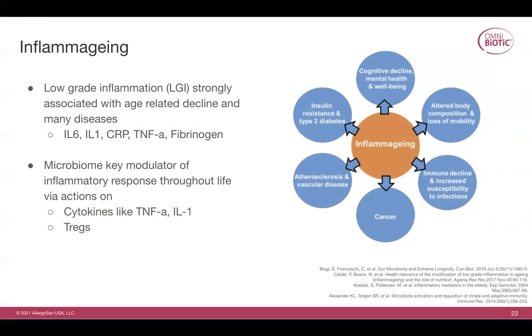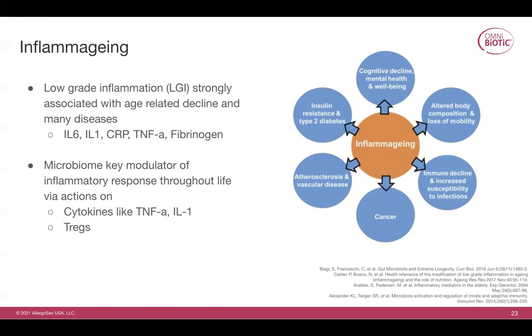We see serum inflammatory markers typically elevated in this population. Those markers are things like interleukin-6, interleukin-1, TNF-alpha, CRP, and fibrinogen. There are many others that show as elevated in some elderly populations, and typically those are associated with populations that have specific conditions.